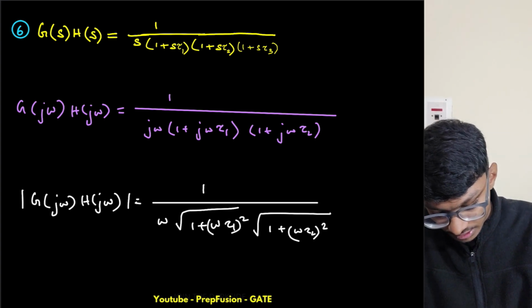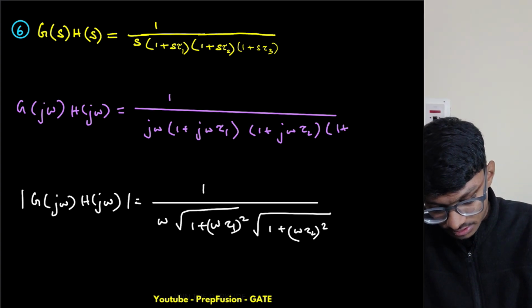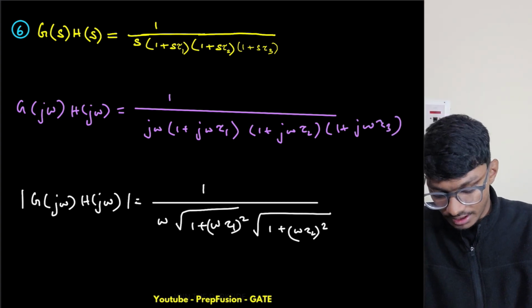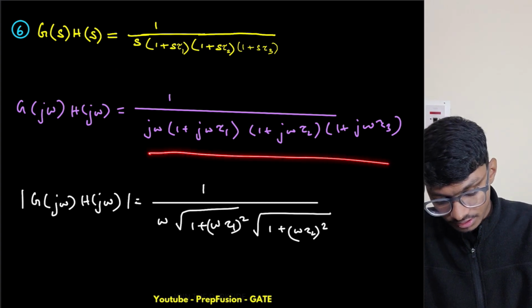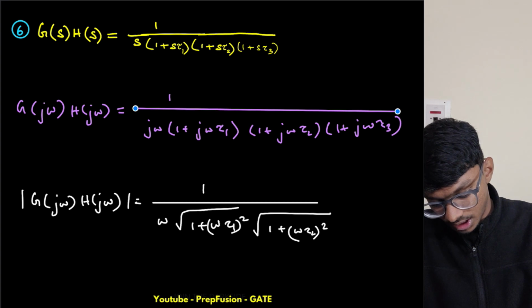So here I have another pole, at 1 plus j omega tau 3. I'm just simply copy pasting, but I hope you understand. I'm putting s equals j omega here, replacing s with j omega, and then I'm finding the magnitude.